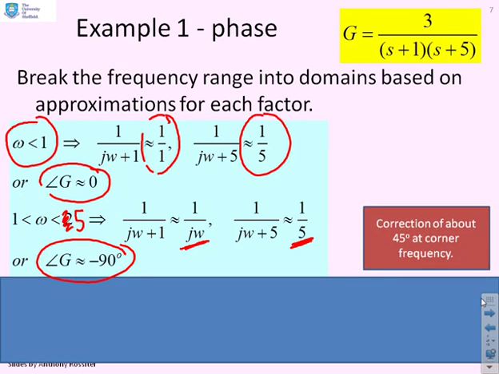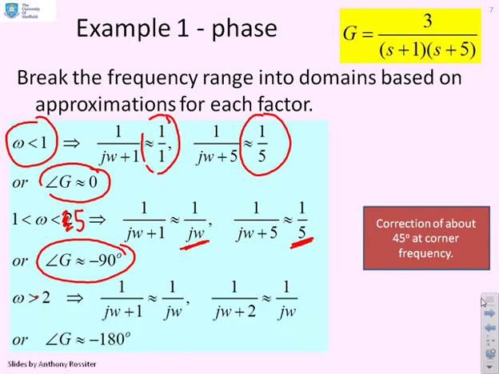I could apply a correction of around 45 degrees, but I'm probably not going to, as you'll see later. And finally, if omega is bigger than 5, you'll see both factors can be approximated by 1 over j omega, so the phase is tending to minus 180.